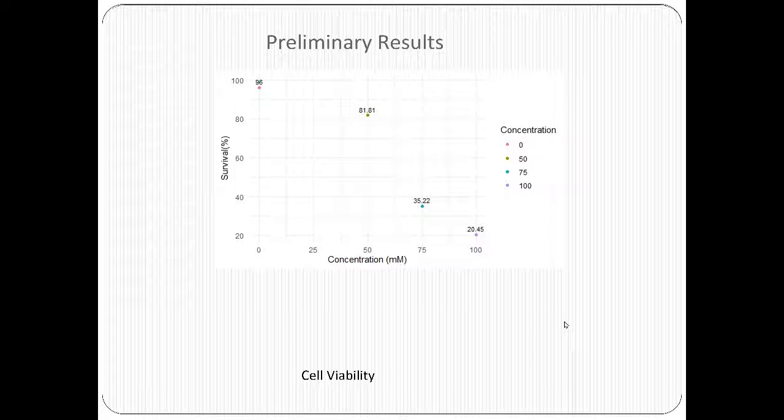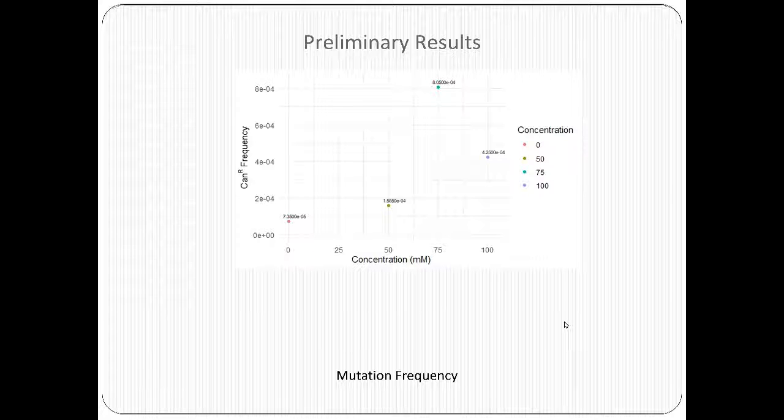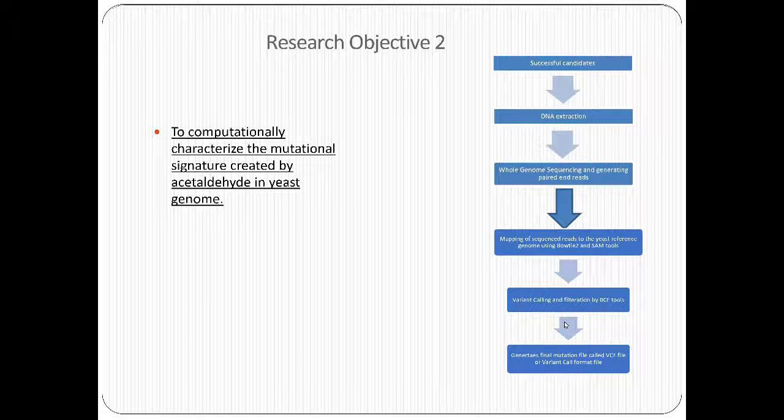This was my preliminary result, which shows that the survival percentage decreases as the concentration of acetaldehyde increases, and the mutational frequency increased significantly at 75 millimolar, but you can see that it decreased at 100 millimolar.